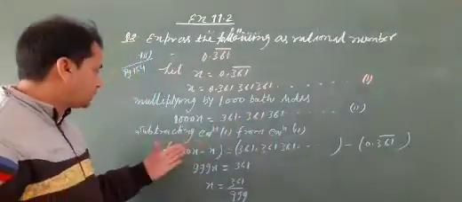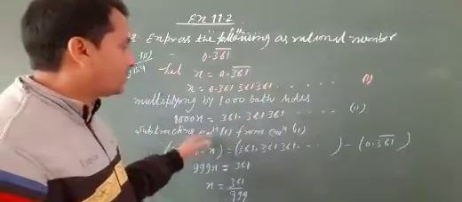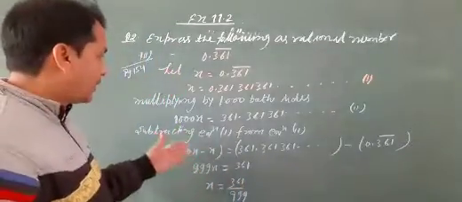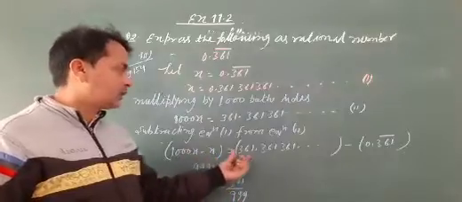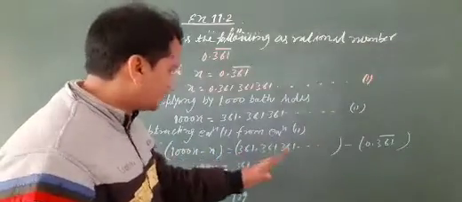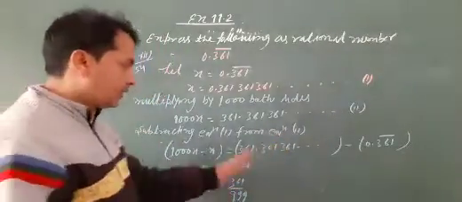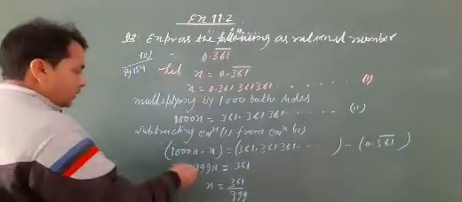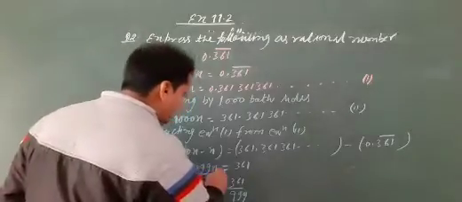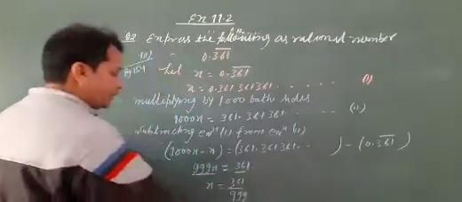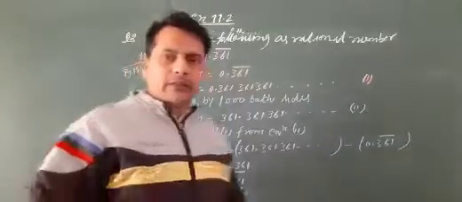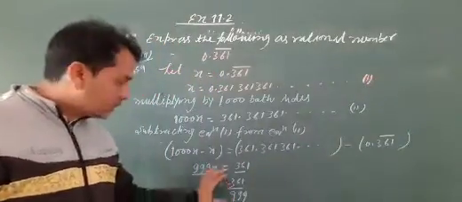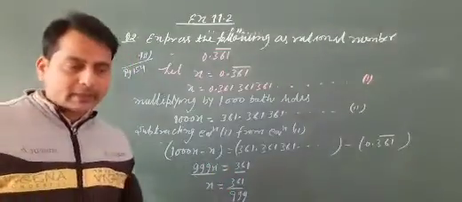Now the next step is subtracting equation 1 from equation 2. Then 1000x minus x equal to 361.361, 3 digits are repeated here. So 999x equal to 361. Then x equal to 361 by 999. So this number is in the form of a rational number.